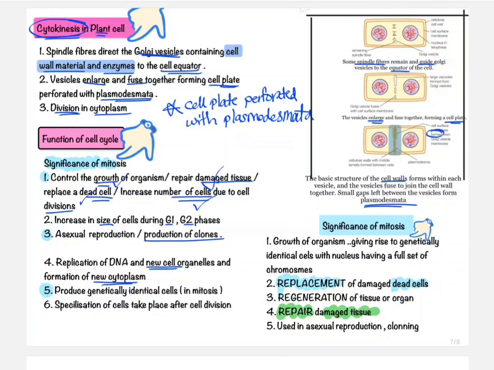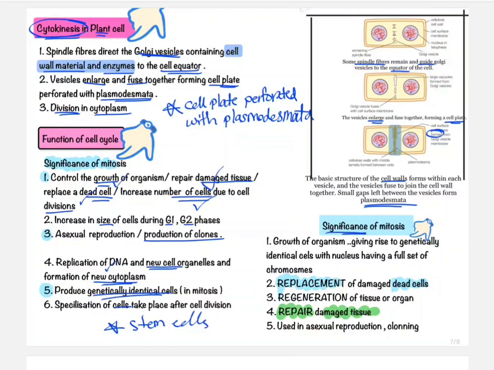The cell cycle is to replicate the DNA, of course, along with new cell organelles and new cytoplasm, to produce genetically identical cells. That's a must. Specialization of cells takes place after cell division. Like stem cells, you know them? They're specialized just by mitosis, and they undergo it.